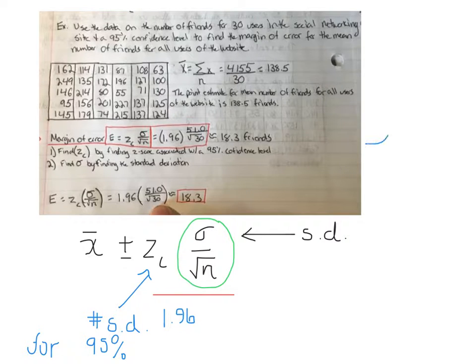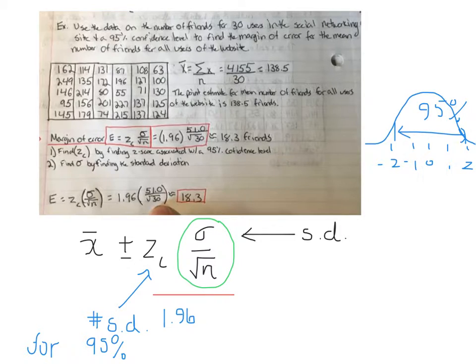Let me demonstrate that with a picture. So if we're looking at what's called the standard normal curve, we have to go out almost 2 standard deviations below to almost 2 standard deviations above to capture that middle 95% of a normal curve. So that's where the 1.96 comes from.